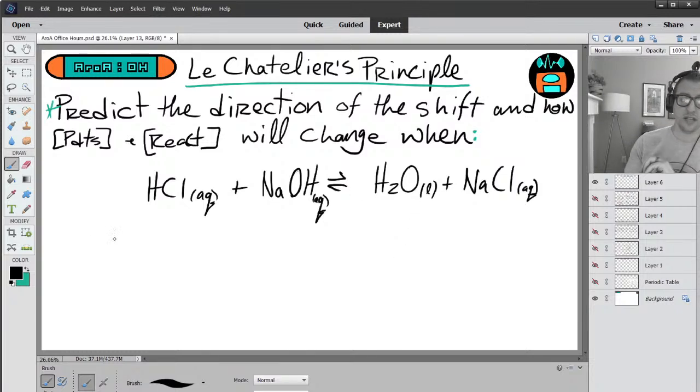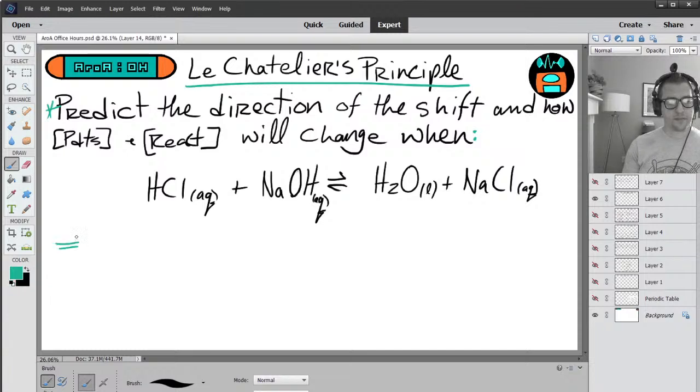All right, and let's predict the direction of the shift and how the concentration of products and reactants will change when HCl is added.